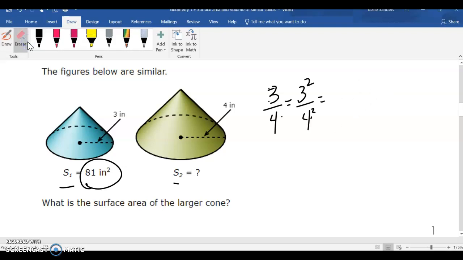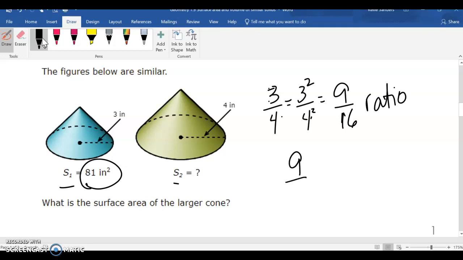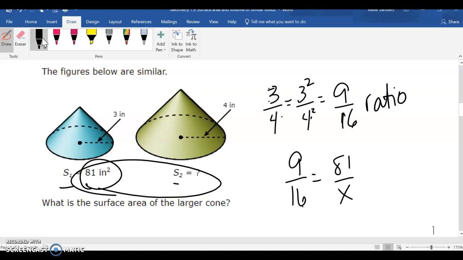Write it a little bit differently. 9 to 16 is the ratio. So I'm going to use the 9 to 16, and then I'm going to put the 81 and the one that we don't know. So we're going to cross multiply and divide. Whenever I do that, 144.